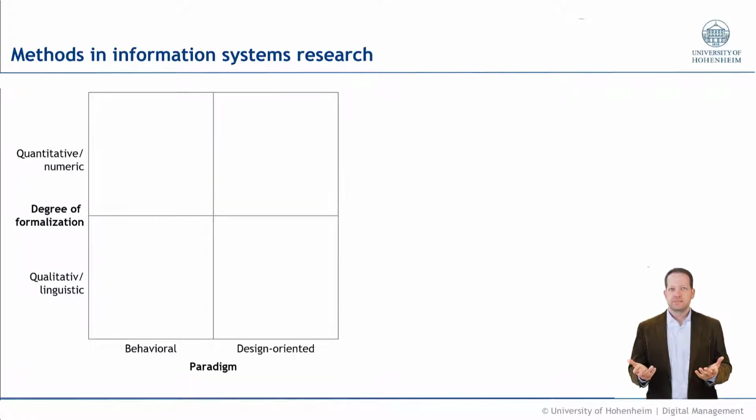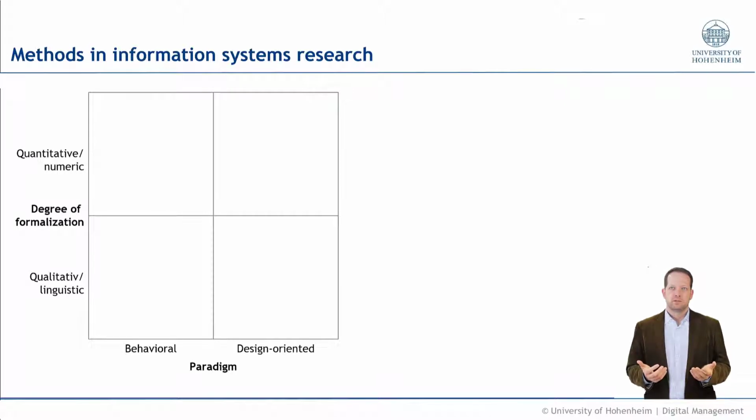What you see here is a simple 2x2 grid differentiating the degree of formalization and the paradigm. On the degree of formalization, we see the quantitative numeric or the qualitative linguistic part. So this combination of terms qualitative, quantitative, it roughly differentiates between the predominantly numerical on the upper side or the predominantly linguistic on the lower end of the graph.